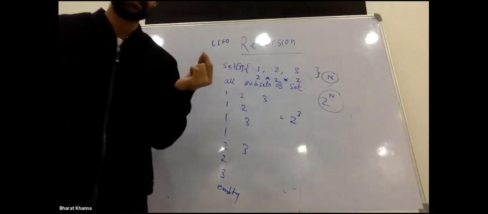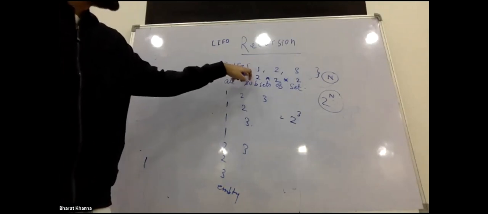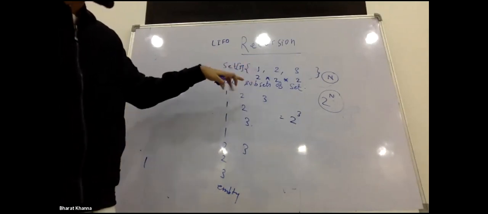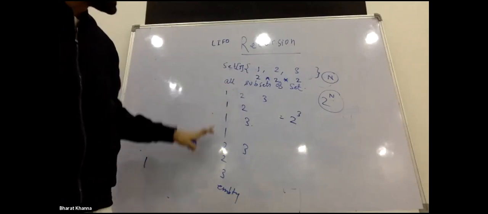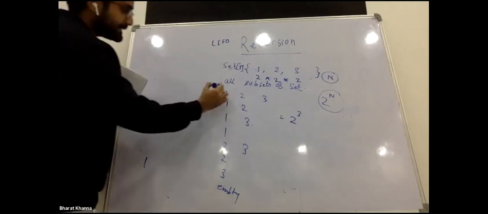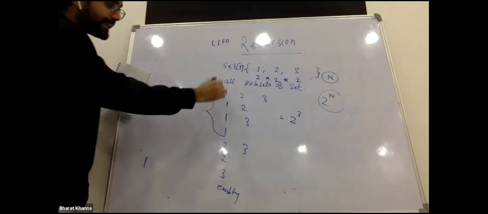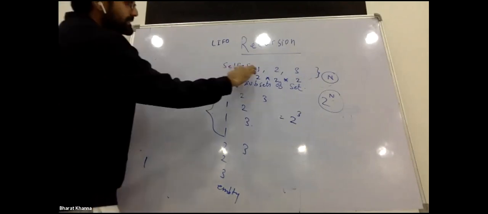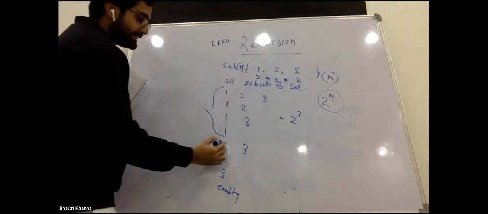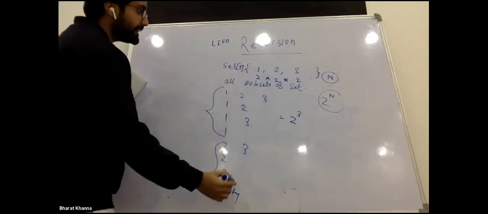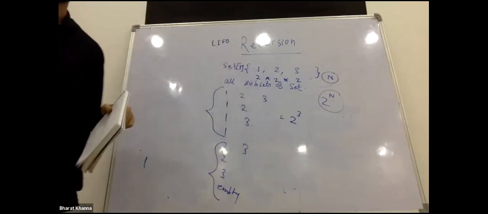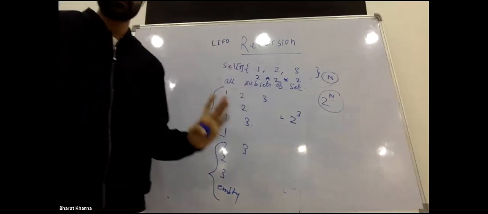Basic intuition is any element can either be selected or rejected. So I can see that, hey, these are some subsets that have been created by selecting this. Okay, and these are some subsets that have been created by rejecting this. Did you get what I just said?